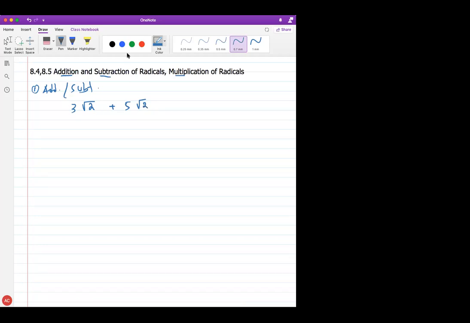Everybody, what is the index here? 2. The index is invisible, it is 2. So you must have the same index and also the same radicand, as we discussed last time, before you can add. After that, you're just going to add these two, so 3 plus 5 radical 2, which is 8 radical 2.